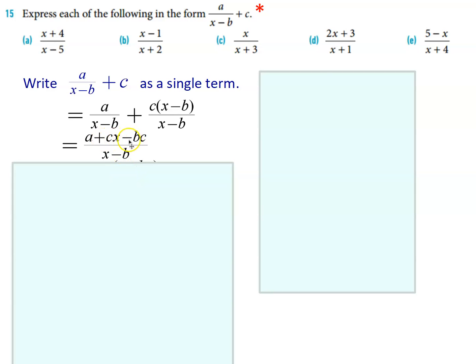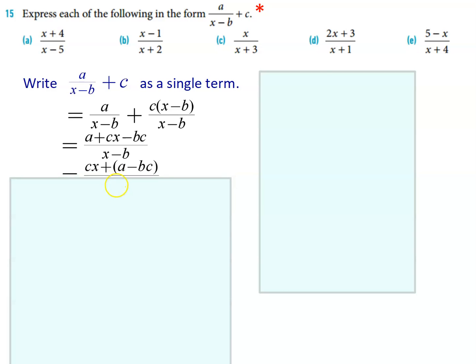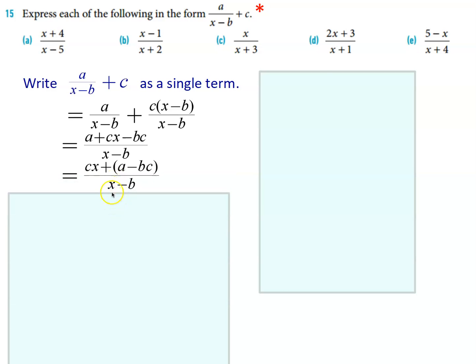Okay, I can basically put the cx term in front, which is what I've done. So I want the x term first, and what's left after that is just a take bc. So that is now in the same format as that.